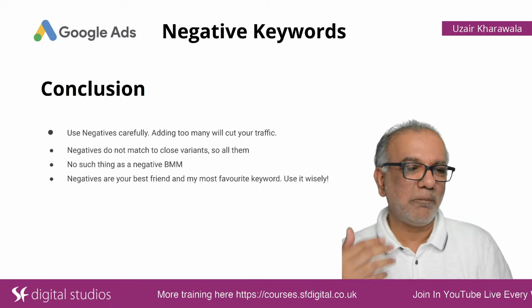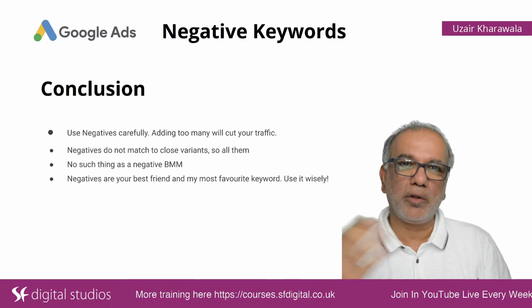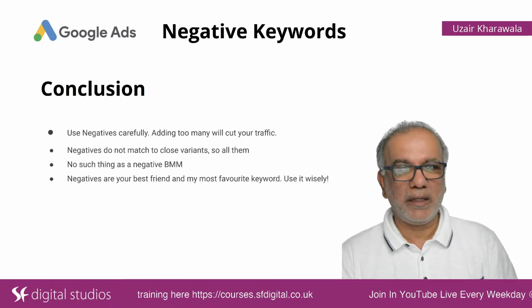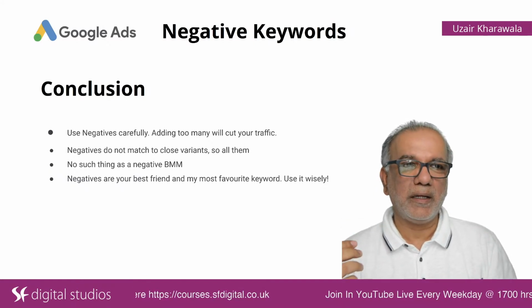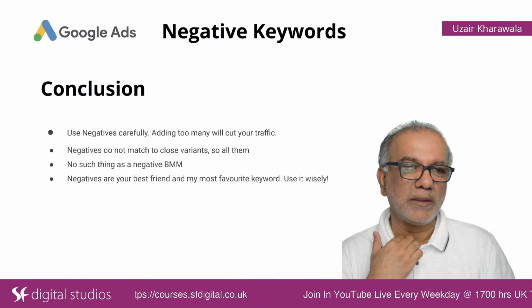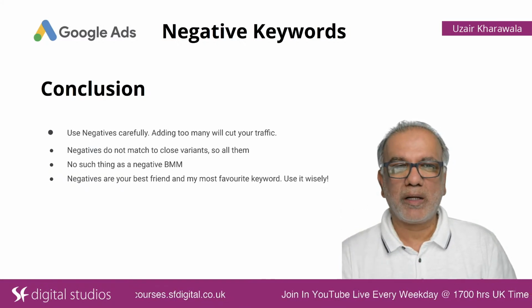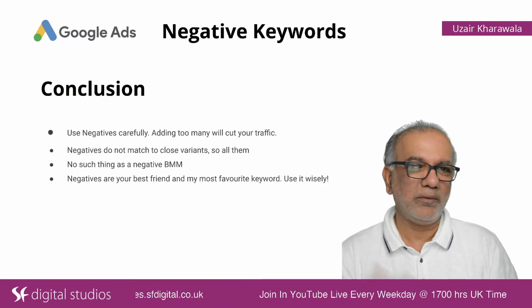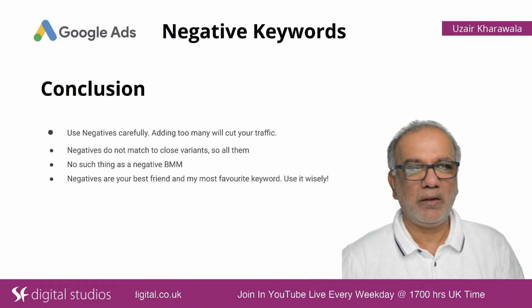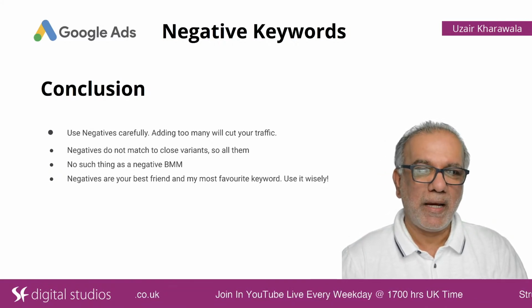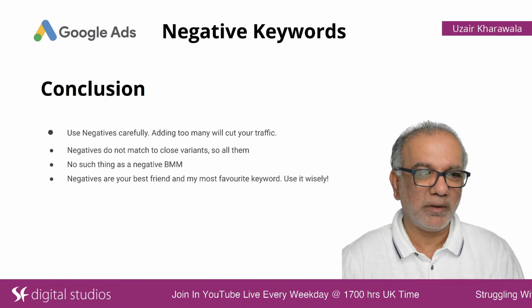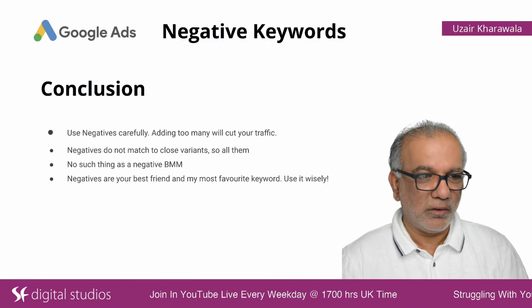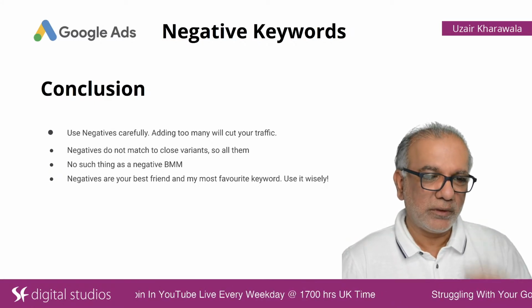How often depends on how small or big the account is. If you are getting a ton of search queries every day, then you've got to be in the account every day looking at those search queries. But if it's a small account, you can quite easily do this once a week or maybe once every 2 weeks. Add those negatives in, and then you're done and dusted. So this is how you use negative keywords.